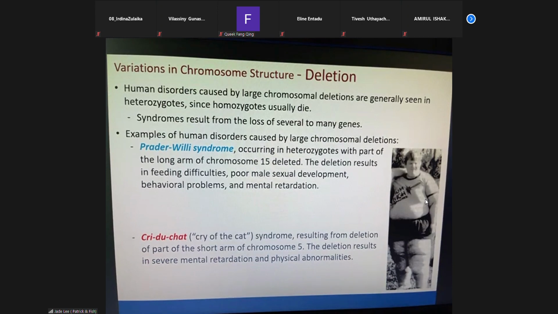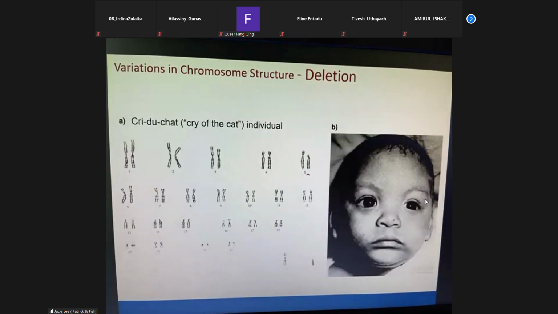Okay, this is the baby. Where chromosome 5 is, if you look here, the P arm is deleted. Can you see this? Yes, Doctor. That is what results in Cri du chat syndrome, in chromosome 5.